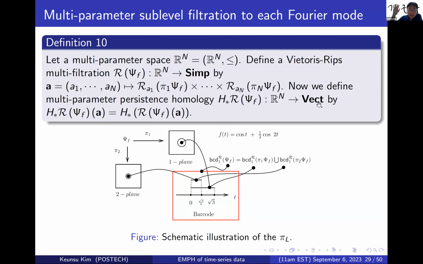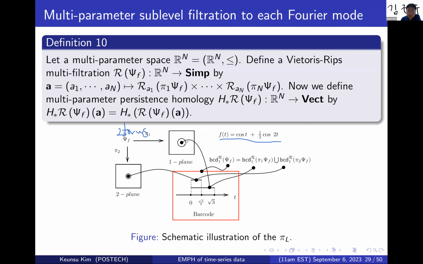And we generalize from single parameter to multi-parameter. We construct a multi-parameter filtration and homology. For example, given time series data, each Liouville torus is a two-torus because this time series data consists of two Fourier modes. This is a two-torus. And the two-torus consists of two circles.